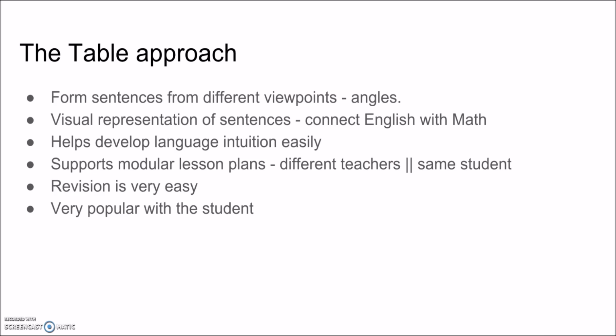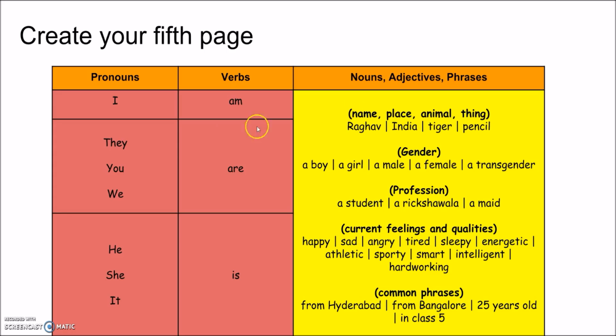Okay, so these are some of the points that I want to discuss about this table approach. So first of all, you could form sentences from different viewpoints, different angles, in terms of people. So here, if we go back, we cover all the three persons in English, the first person, the second person, and the third person, using a single table. That's a lot of different people right there.